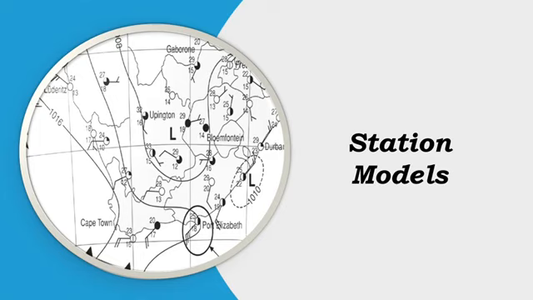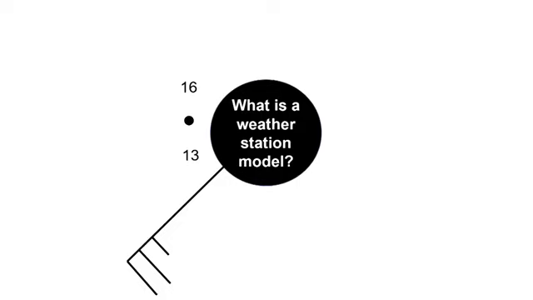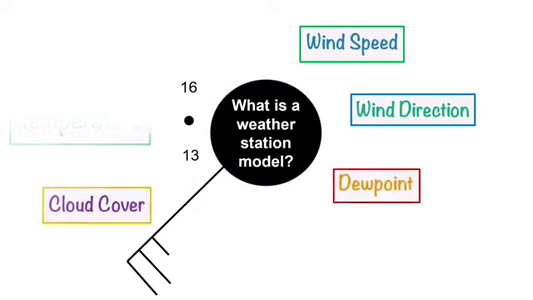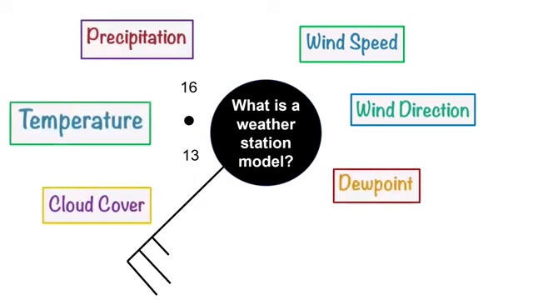Now, the tool that we use most frequently on a synoptic weather map is a weather station model. And I'm going to spend a little bit of time explaining to you what a weather station model is. Now, you know by now already that the weather station model shows us different elements of the weather.